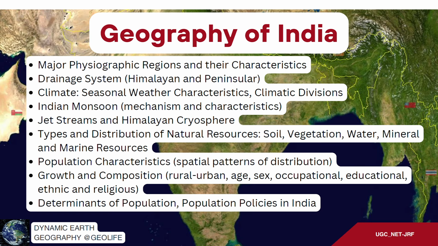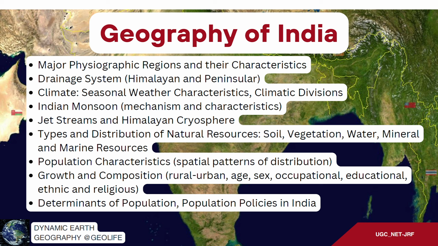And the final unit is Geography of India, which comprises topics like major physiographic regions and their characteristics, and the drainage system, which includes the Himalayan drainage system and peninsular drainage system, and the climate, seasonal weather characteristics, climatic divisions, and the Indian monsoon, its mechanism and characteristics.